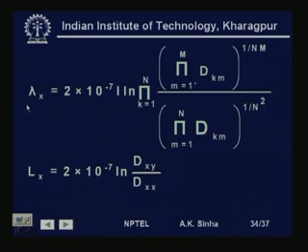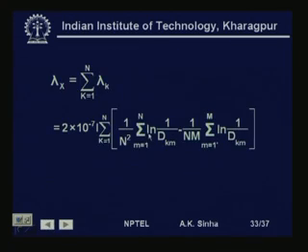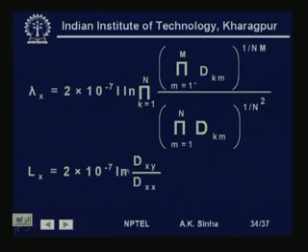So, lambda x will be equal to 2 into 10 to the power minus 7 I log n. Now, here what we have done is, summation of log n 1 by dkm can also be written as log n multiplication of 1 by dkm. So, we have used that relationship, and therefore, we have written 2 into 10 to the power minus 7 I, log n has been taken outside.